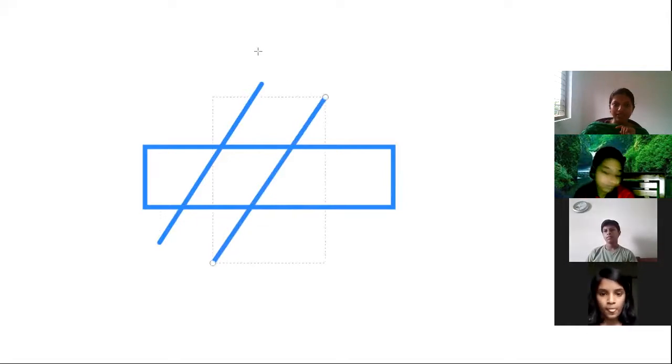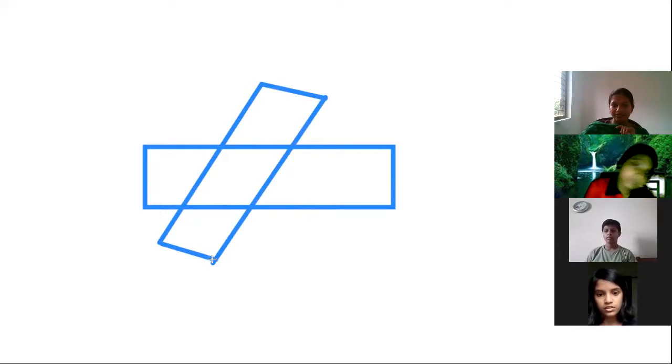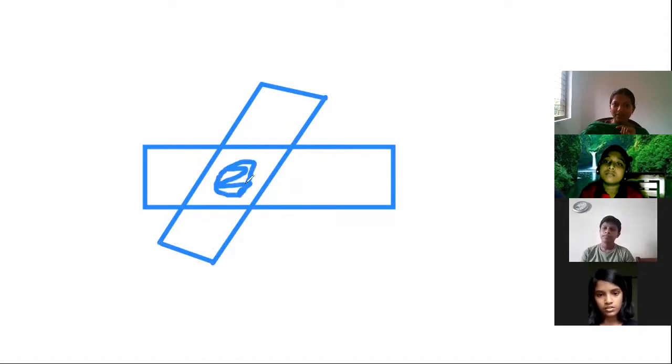So in this case, we have placed one rectangle over the other. Then in this inside area, we can see that there is a place where we can say it is a parallelogram. That's the activity given in your textbook, page number 46.